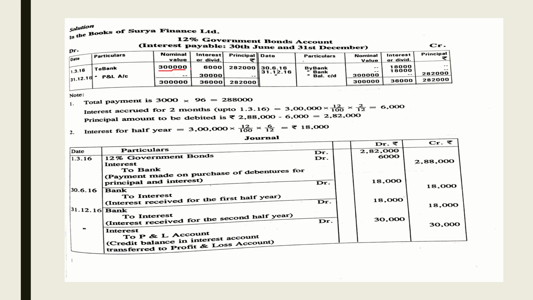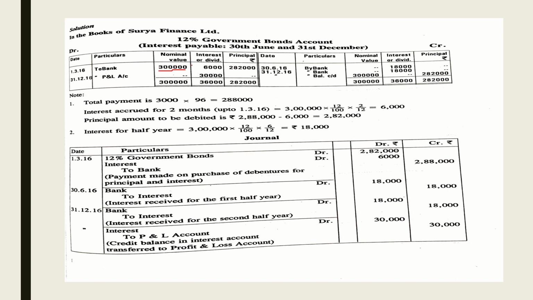Since the purchase is done on a cum interest basis, that means inclusive of interest, in the interest column we have to show that particular amount of interest. How to calculate that amount? Nominal value into percentage into number of months: 3 lakh into 12 by 100 into the number of months.